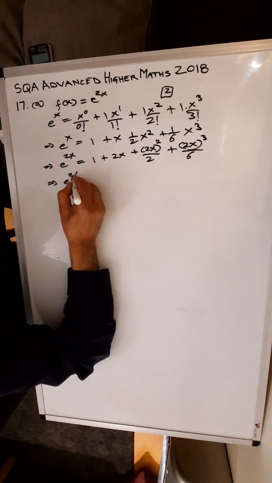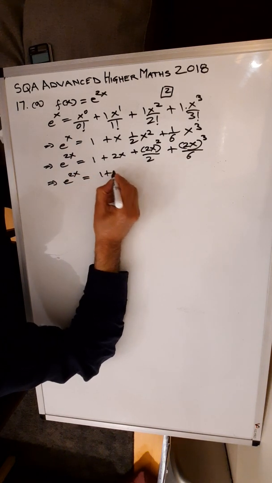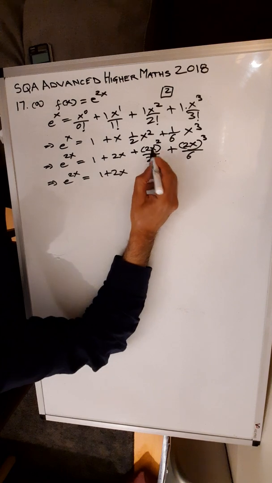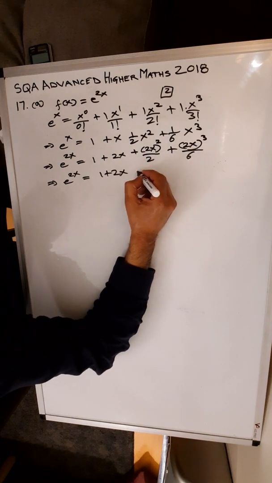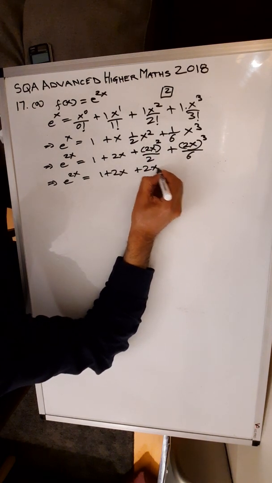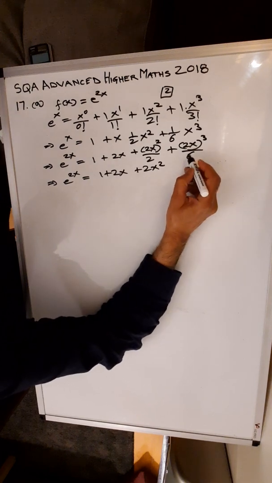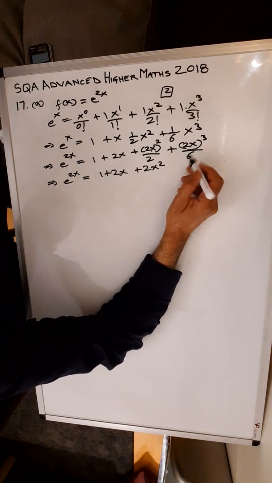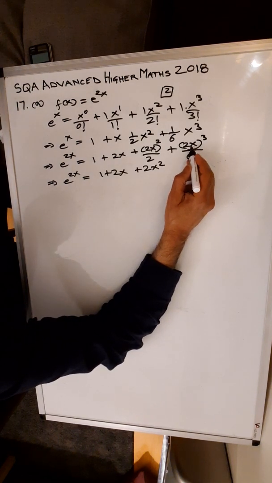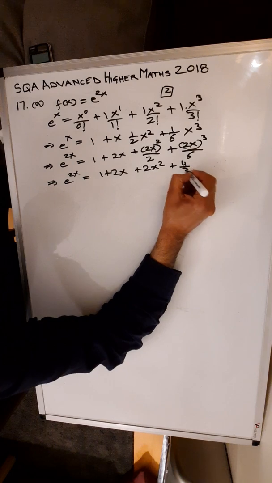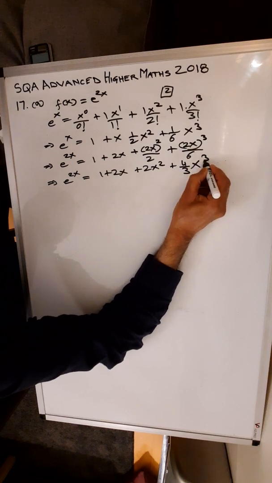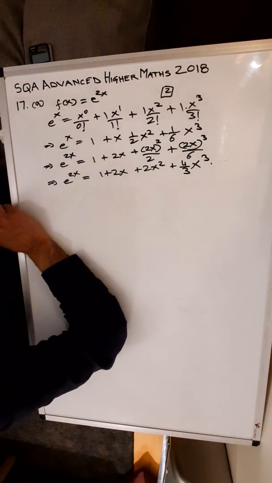So e to the 2x is 1 plus 2x, 4x squared divided by 2 is plus 2x squared, and 8x cubed divided by 6 is equal to 4 over 3 x cubed. That is e to the 2x.